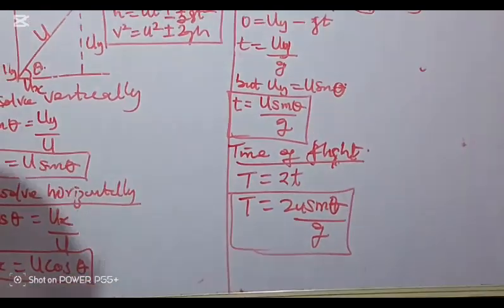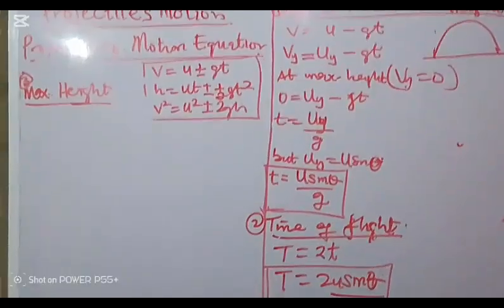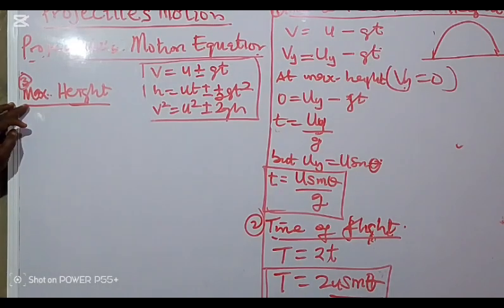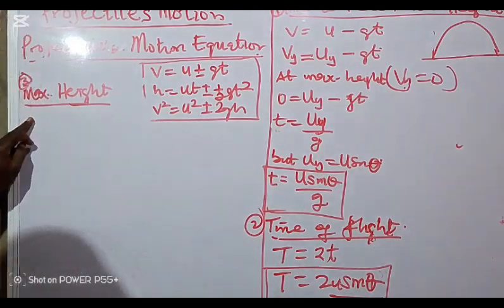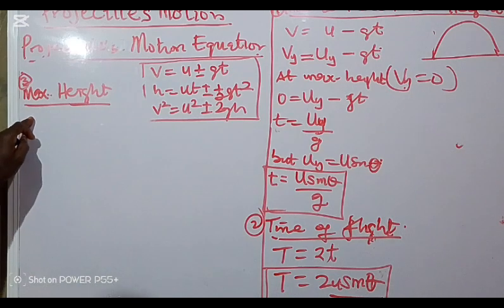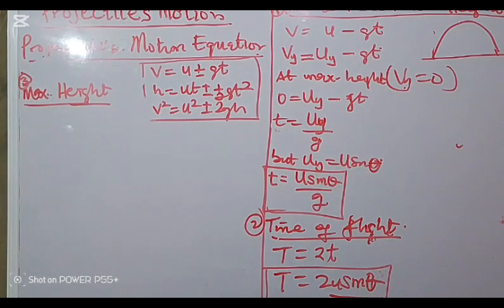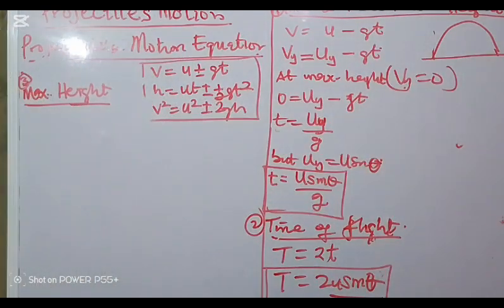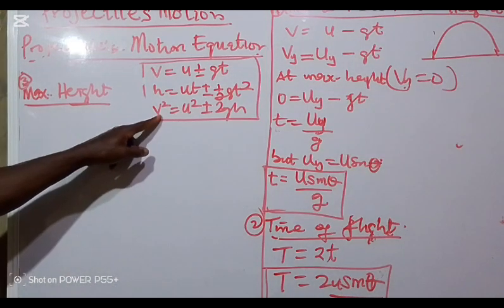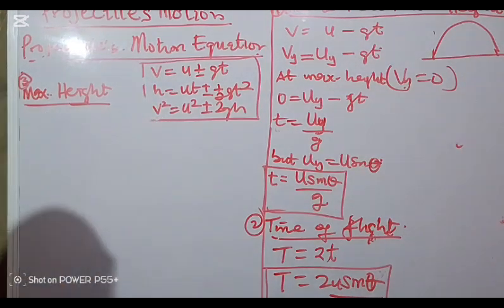Now, the third term we mentioned is maximum height. We want to derive the equation for maximum height as we did for time to reach the maximum height and time of flight. To do this also, don't forget our 3 equations. We are going to apply equation 3 now.